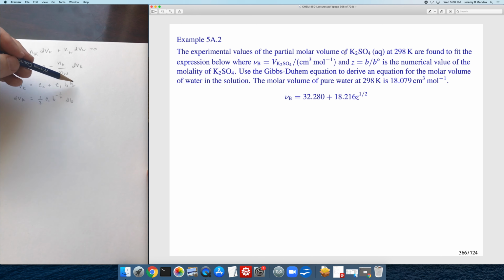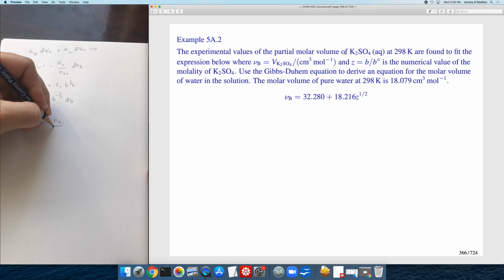So the differential of B to the 1/2 would be B to the -1/2 dB. And so now we can express the right-hand side in terms of the molality. So I'm going to go ahead and substitute that in now. So we're going to go back to this line here.